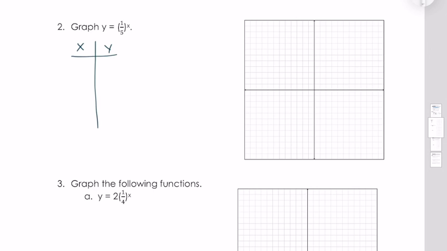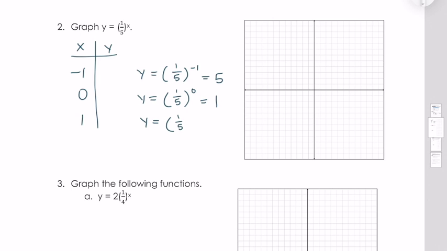All right, repeat the same steps. Plug in -1, 0, and 1 for x into the equation to find our points. Again, the power being negative flips the fraction. For the next one, anything to the 0 power is 1, and then 1/5 to the first is 1/5.